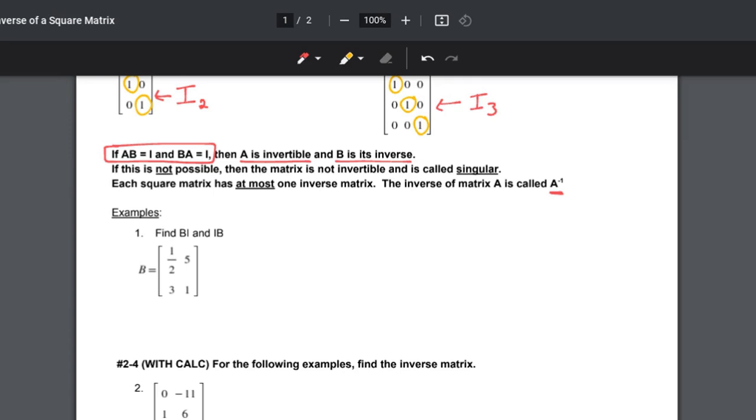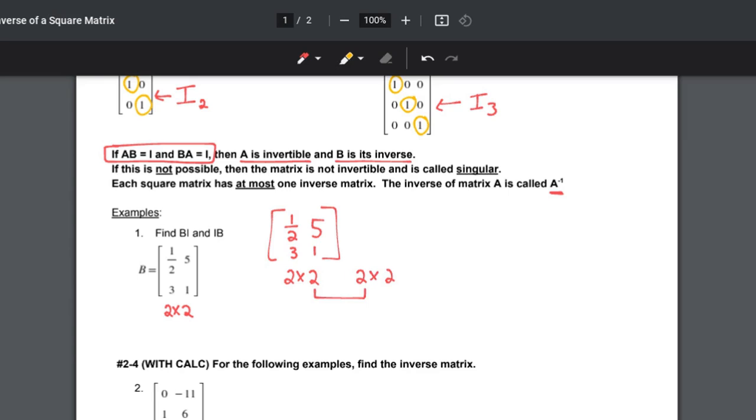So example 1 says find B times I and I times B. I is the identity matrix. Since matrix B is a 2 by 2 matrix, when we multiply it by the identity matrix, we have to multiply it by another matrix of the same size, because in order for two matrices to be multiplied, the number of columns in the first one has to match the number of rows in the second one.